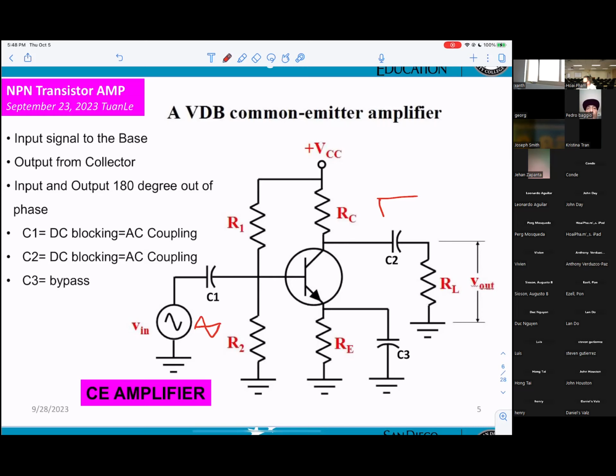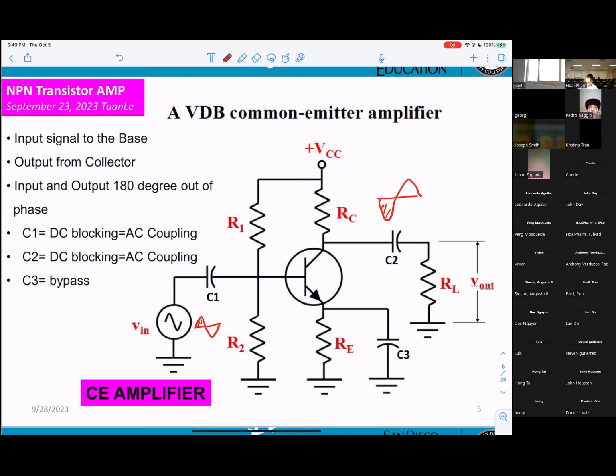However, they will be opposite. Input positive, output negative. That's what we call 180 degrees out of phase. Or input and output will be opposite.